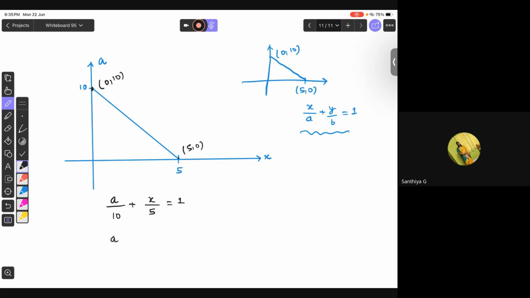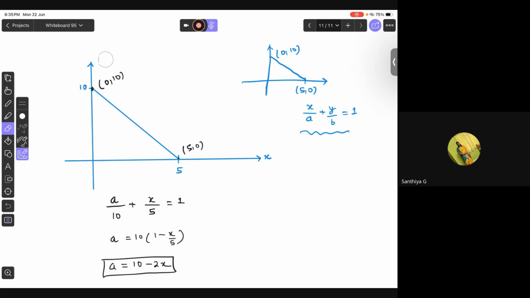So what will our a be? a will be 10 into 1 minus x by 5. So what kind of acceleration do we have here? Something like this. Correct?